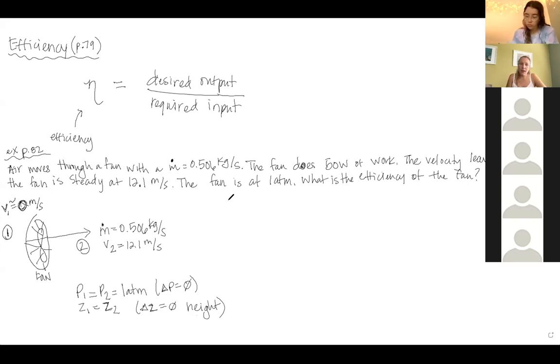All right. Anything else that we know that I haven't maybe included in the diagram? Work. Oh yeah, you're right. So the work being done by the fan, we can include maybe like a work arrow here. So the work being done by the fan is 50 watts. Anything else I'm missing?